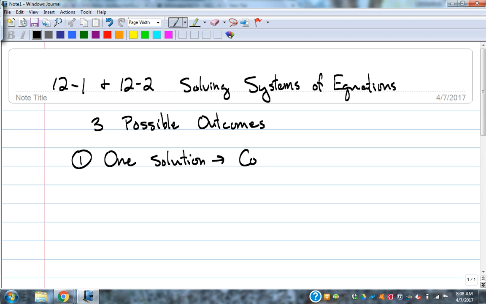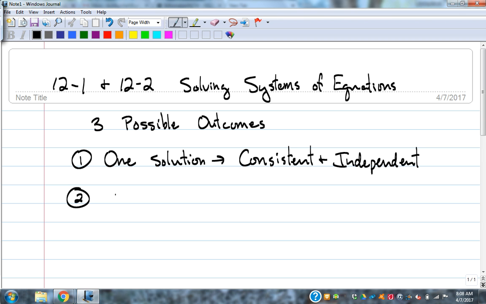Other words for that are consistent and independent. So one solution, also known as consistent and independent, that's the most common of the outcomes for most algebra classes.